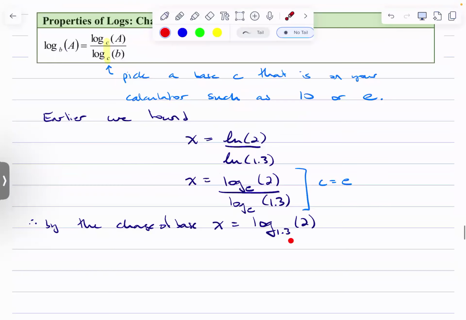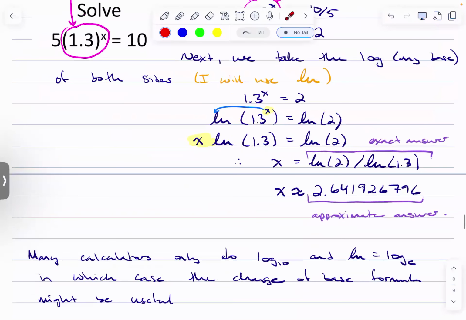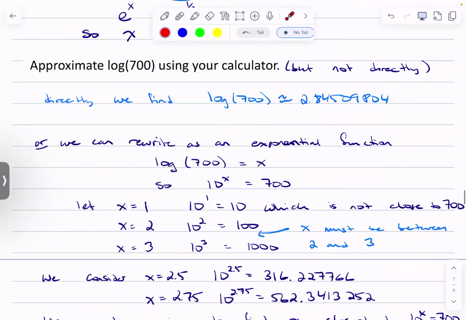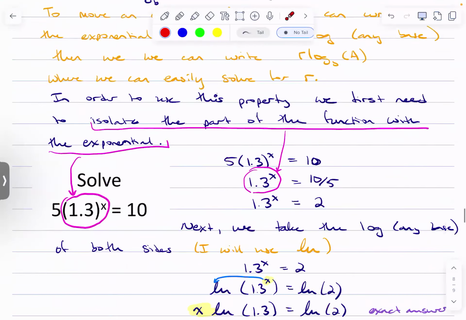As you become more comfortable with logs in general, I think what you'll start to do is you might see that, okay, over here, I have 1.3 to the power of x. That's my base. So what I might want to do is just take the log base 1.3, and then the log base 1.3 of 1.3 by a property way earlier. Actually, we don't need to.